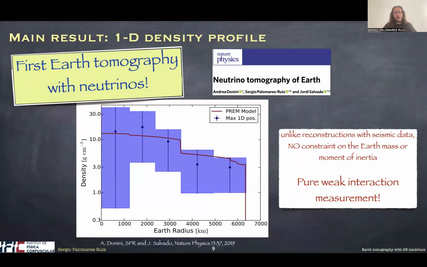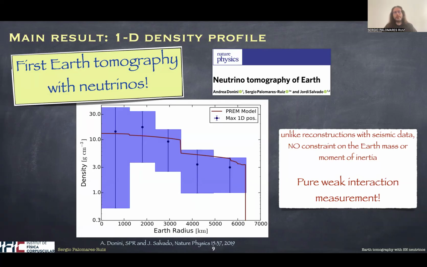As I said, I won't get into the details, but I just wanted to show you the results of this first tomography with neutrinos. Of course, the uncertainties are large, but we can, for the first time, perform Earth tomography with neutrinos. And unlike reconstruction with seismic data, there is no constraint on the Earth mass or the moment of inertia in this analysis.